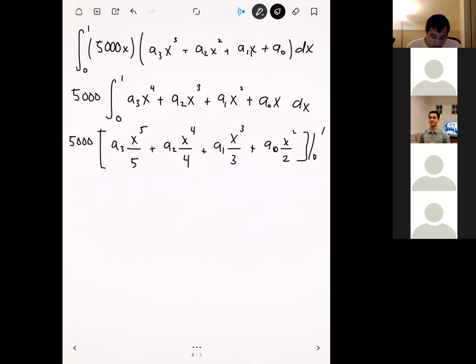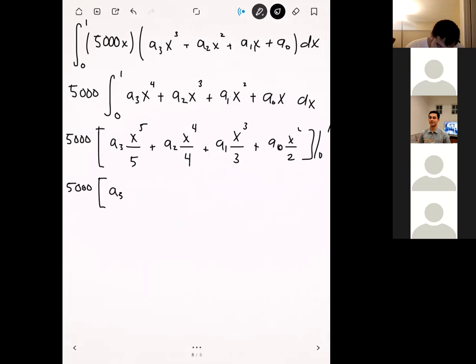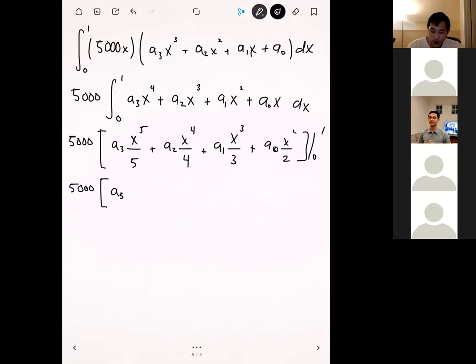Now let's evaluate the integration bounds. We get 5,000 times a3, and since we're evaluating between 1 and 0, this first term is just 1/5, plus a2 times 1/4, plus a1 times 1/3, plus a0 times 1/2.